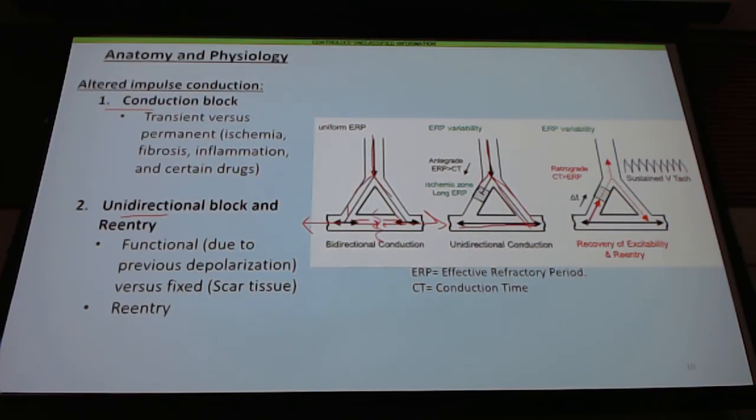But the third example of this unidirectional block and reentry is, let's say that you had an action potential generate, but because of some damage that's occurred in this area, it just takes a little longer to repolarize that area, so that area can then accept a depolarizing event. So what ends up happening is it's going to go down the right limb normally, encounter that fork in the road, it's going to go to the left, but because this tissue is not repolarized, it will then speed back and go back up.